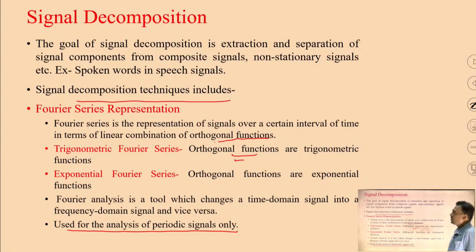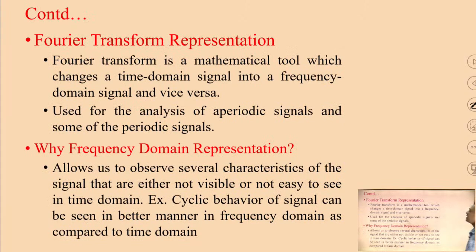For aperiodic signals we cannot use it. Even among periodic signals, in each and every case we cannot apply the Fourier series; only the signals that follow the Dirichlet conditions can be used to obtain the Fourier representation. Next we come to the Fourier transform representation.